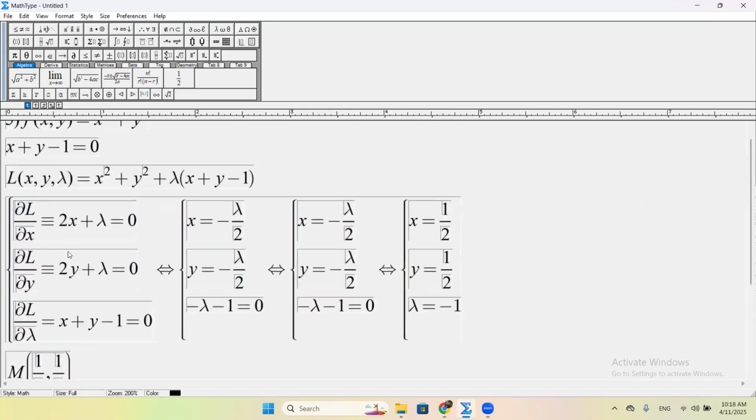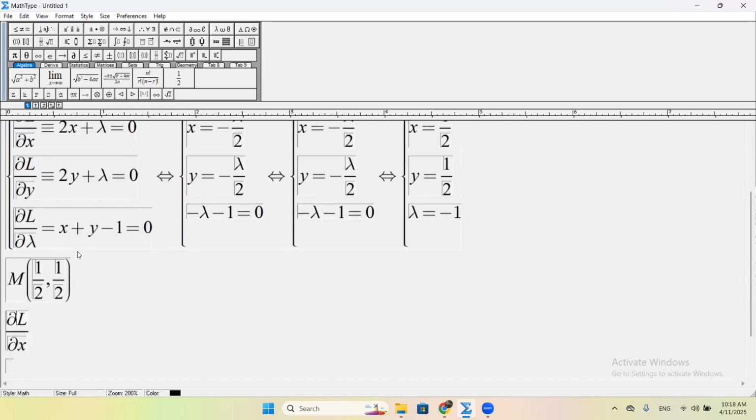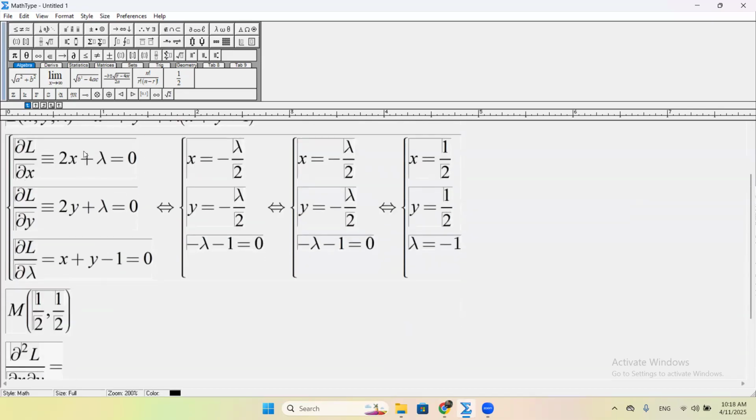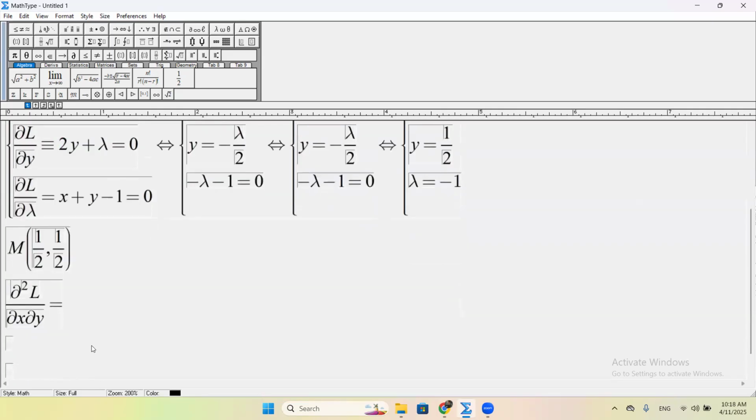But we will have to differentiate only by x and y. So we don't have to calculate the second derivative by lambda. Only x and y variables matter to us. So it equals 2.